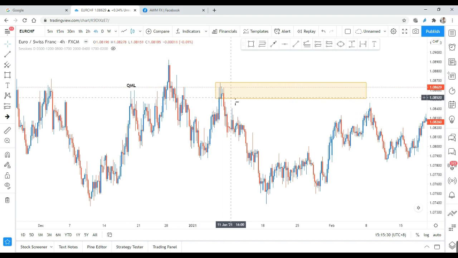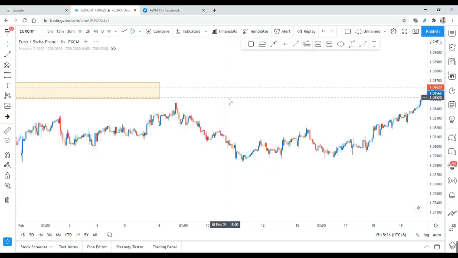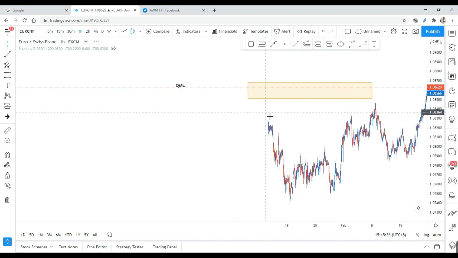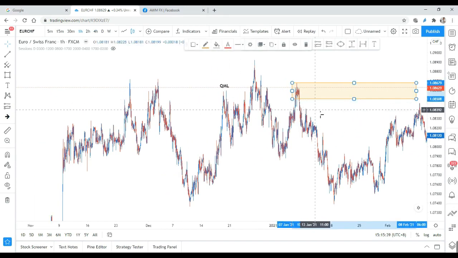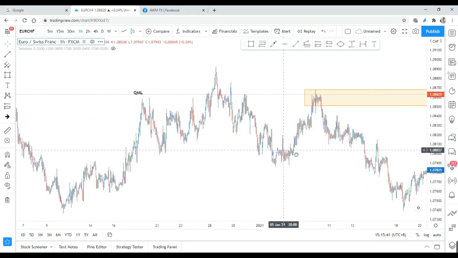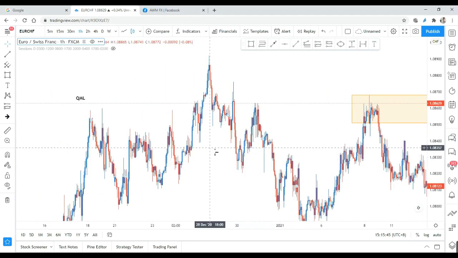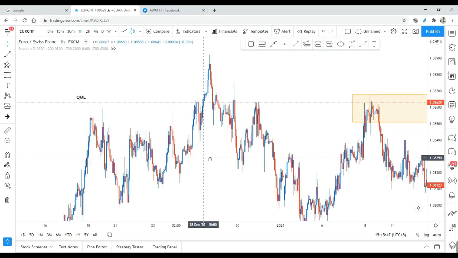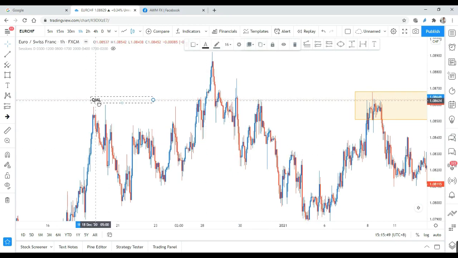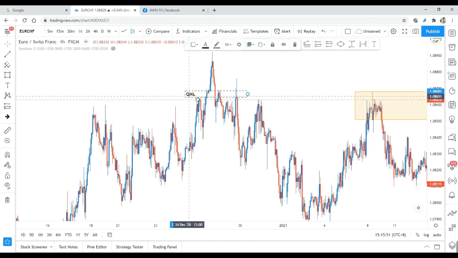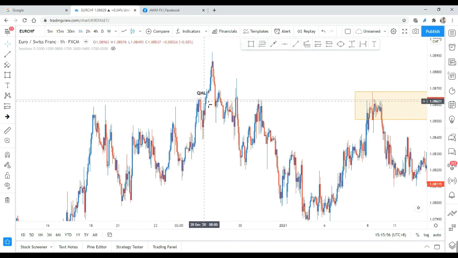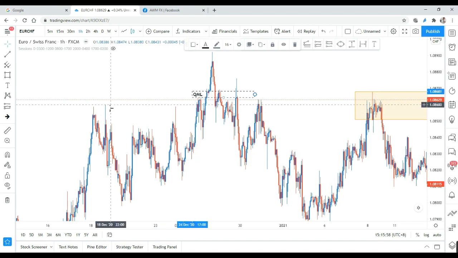So what I'll do is switch it to H1 and look at the same scenario. Alright, so let's look at it. If you look at it properly, his QML is supposed to be at this location, instead of this location.